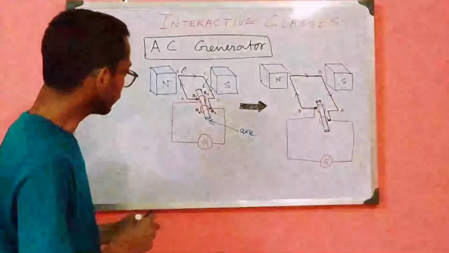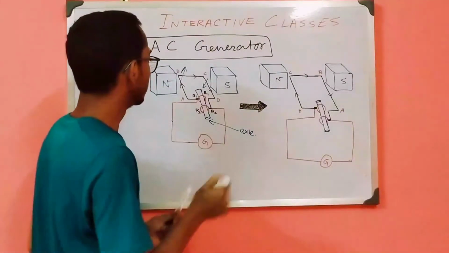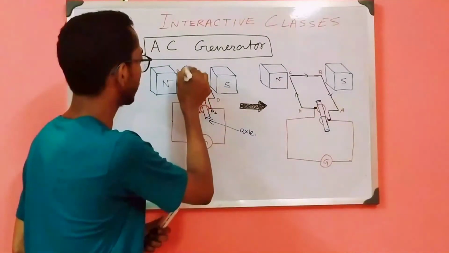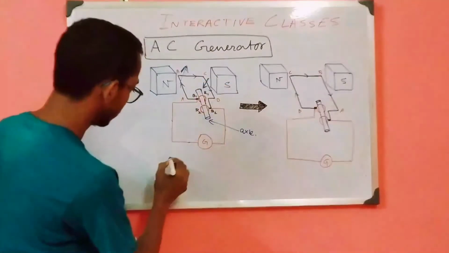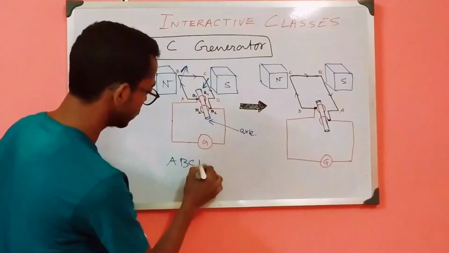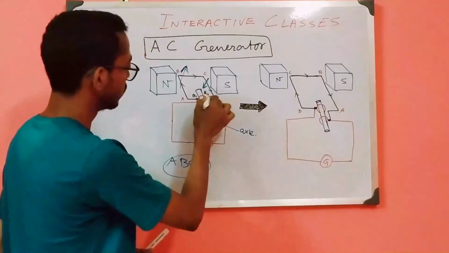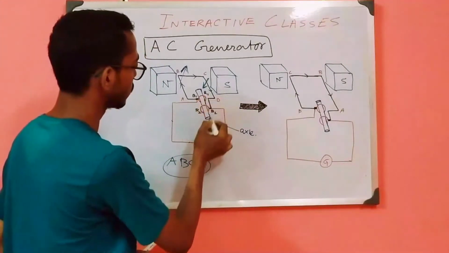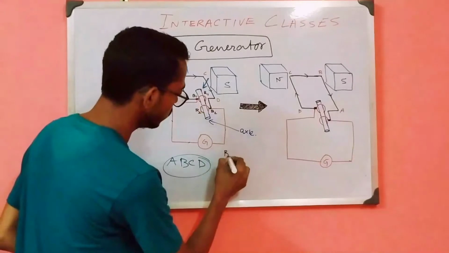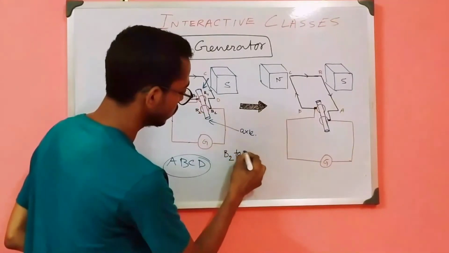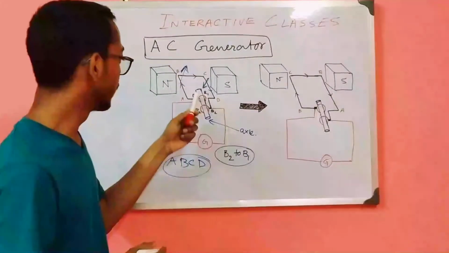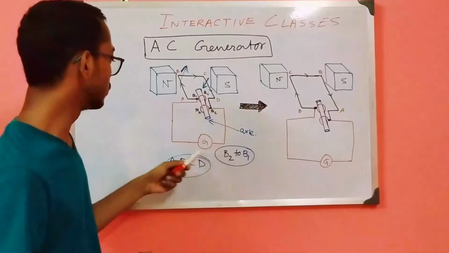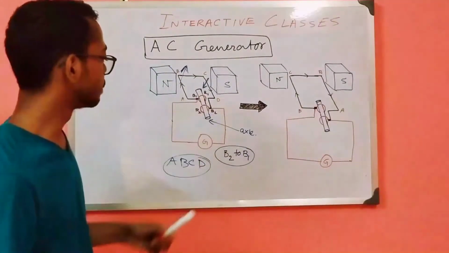Okay. Now what we see is, as the current flows from A, B, C, D, we get the flow of current from B2 to B1, right?